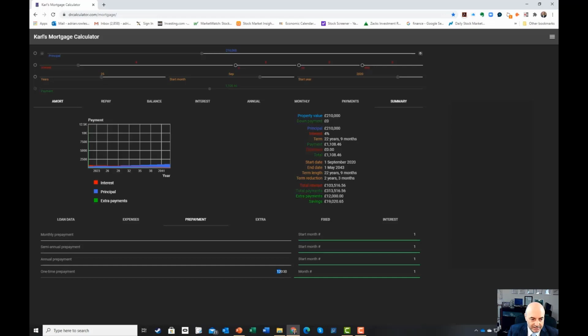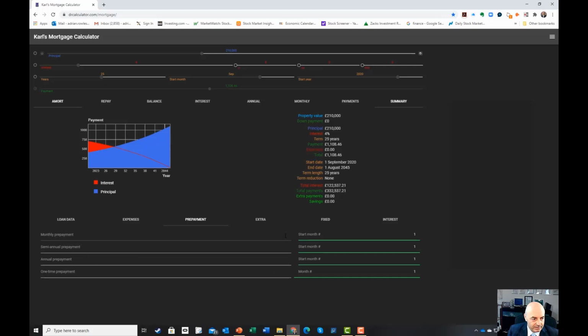So now we can see that. Let's delete that back to 0 and change it to a monthly payment. If I just start with 100, if you're just adding £100 a month as a monthly contribution on top of your mortgage payment over the term, that brings your savings up to 18,000.